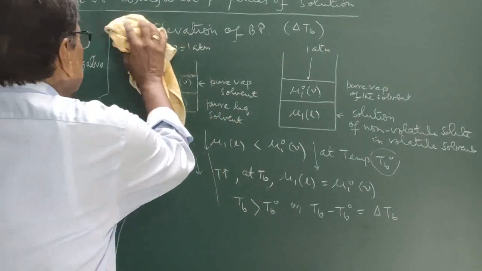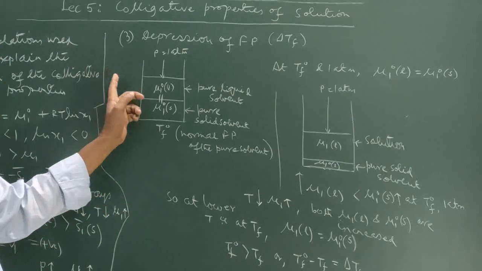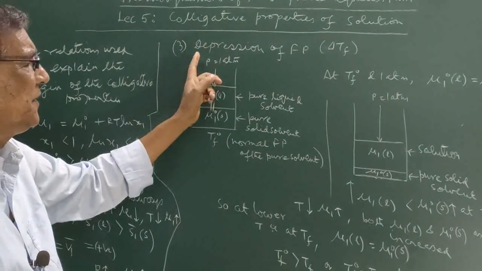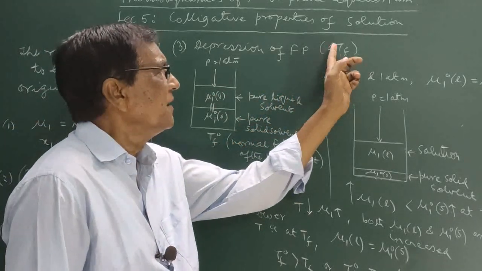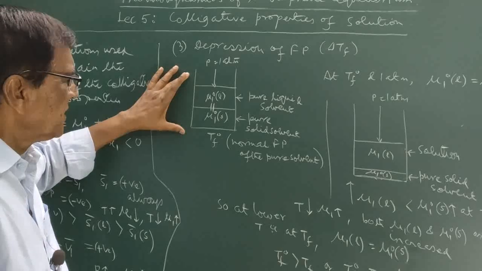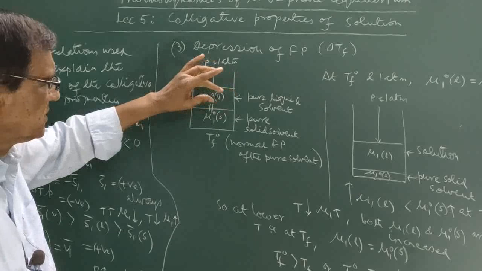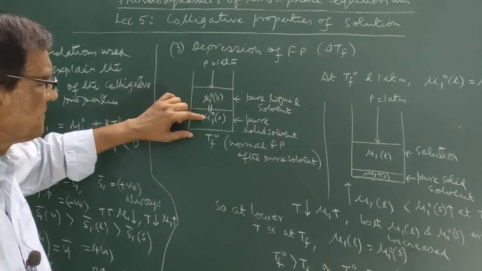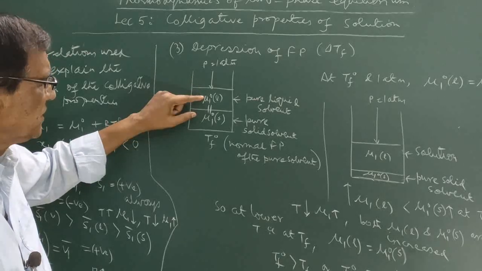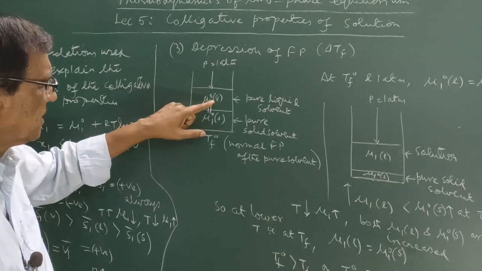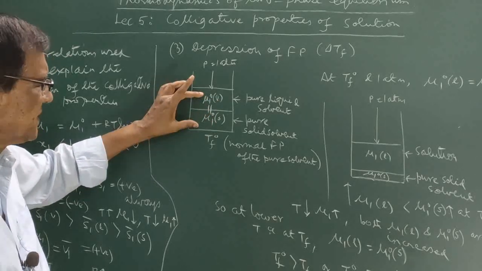So the third one: now consider the third colligative property, the depression of freezing point of the solutions, which is denoted by delta Tf. Let us consider the pure liquid solvent when it freezes. The chemical potential of the solvent, mu1 naught L, is equal to mu1 naught S. These two are the same.